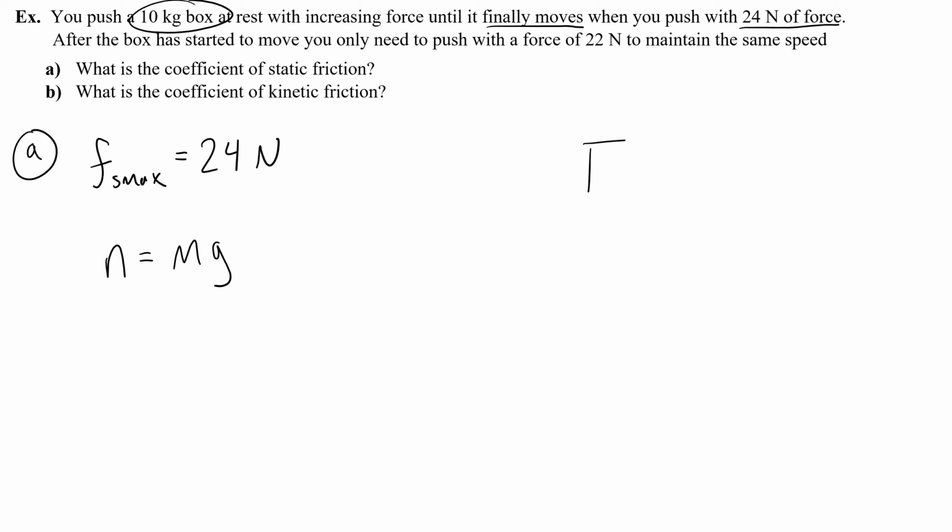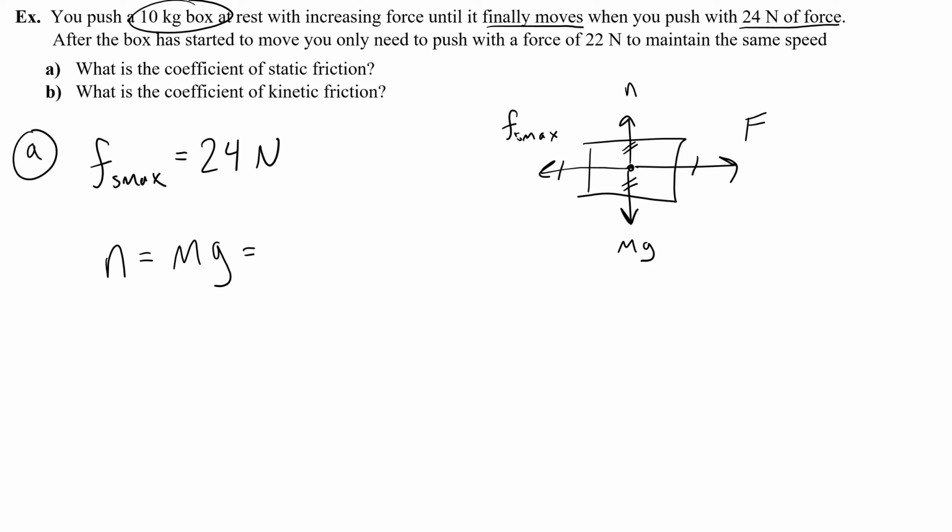If I draw a free body diagram, here's your push, 24 newtons. Fmax is equal to 24 newtons at that moment before it begins to move. And then there's the weight down and the normal force up. And as long as this isn't on an elevator or something, then the normal force is equal to the weight.